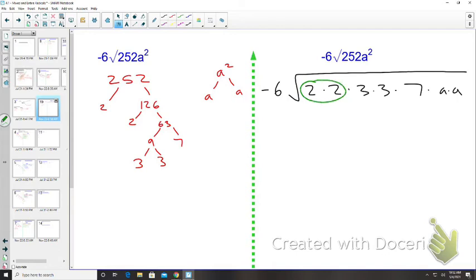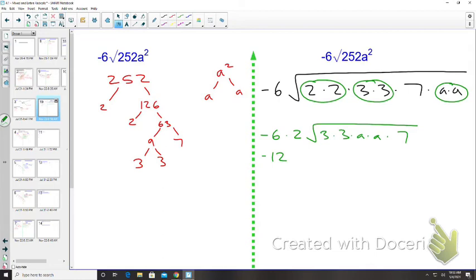So we're looking for pairs. Okay, so let's just do this one at a time, okay? So I'm going to bring our 2's out first. So -6 times 2, 6A7. And then we're going to have 3 times 3 times A times A times 7. So then we get -12.